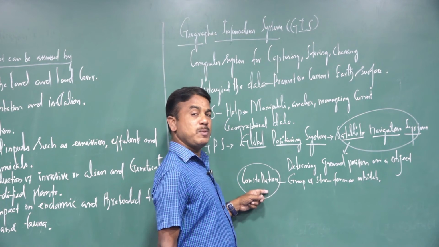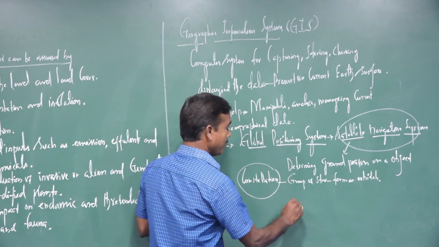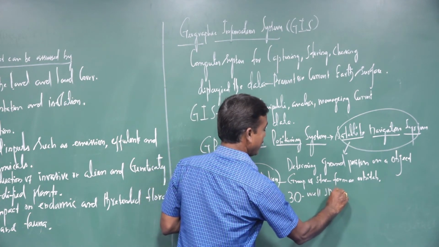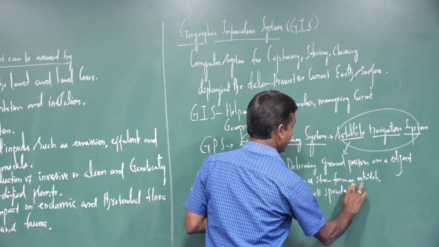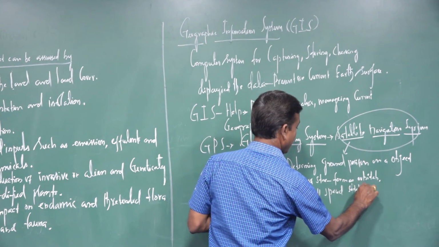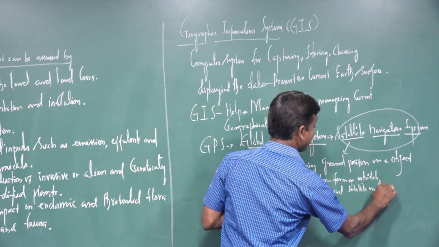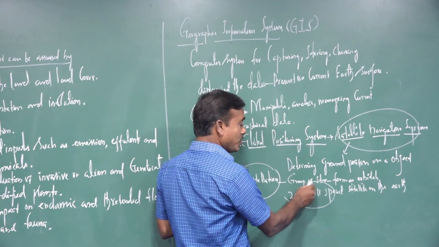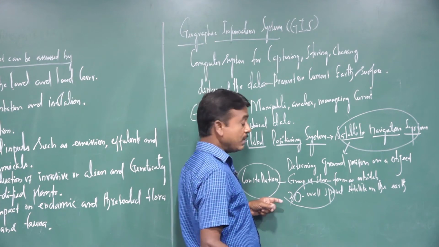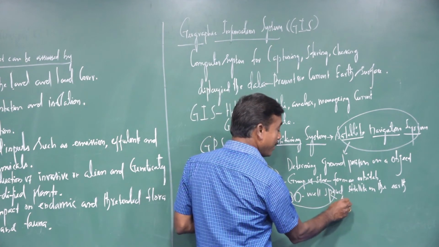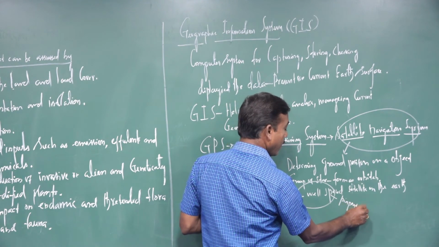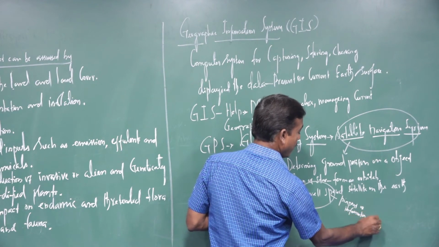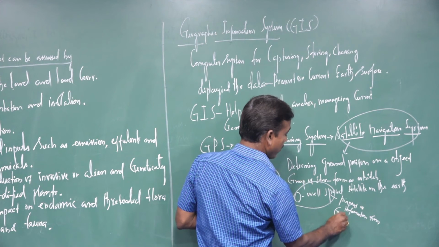So the constellation must possess approximately 30 well-spaced satellites around the earth, which receive pinpoint information from the geographical area.